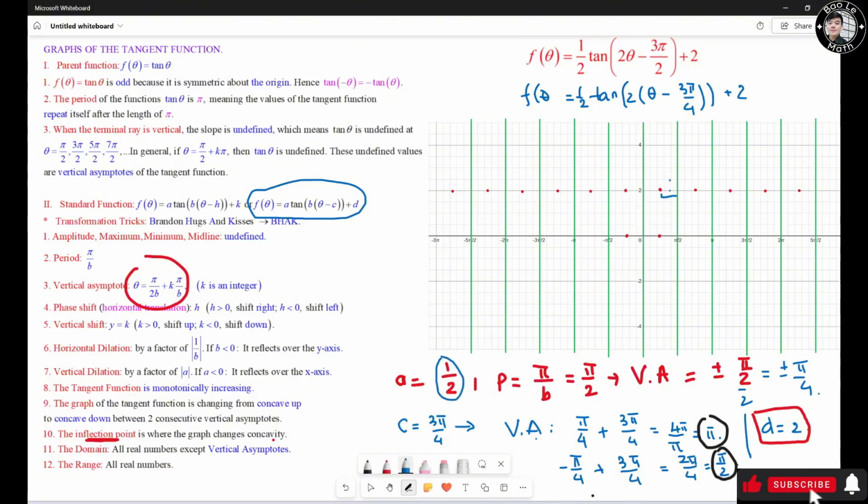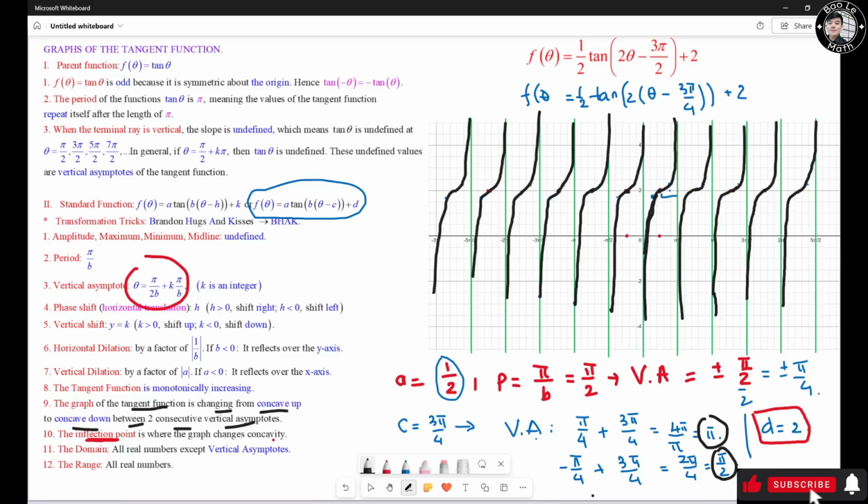So go up by 1/2, so it should be right here. And then on the left hand side, you should go down by 1/2, right? So it should be right here. And similarly, you do the same thing for the rest of the points. Now, the last step is to connect these 3 points right here. Alright, you may use Desmos to check your work, right?